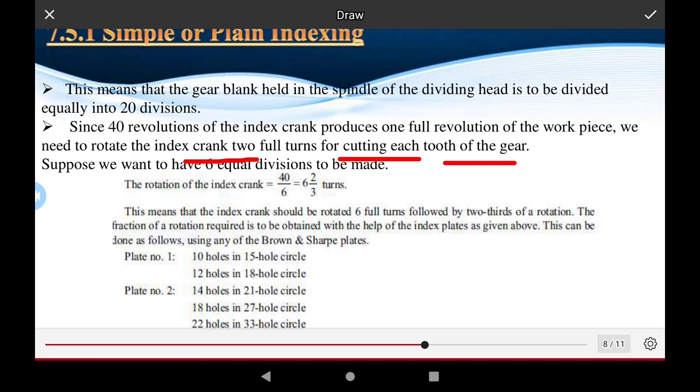the indexing crank, okay. Some of the points are also discussed for this formula for the indexing crank, okay.